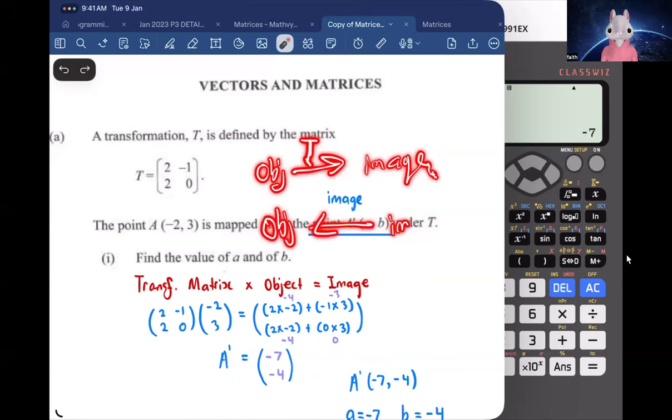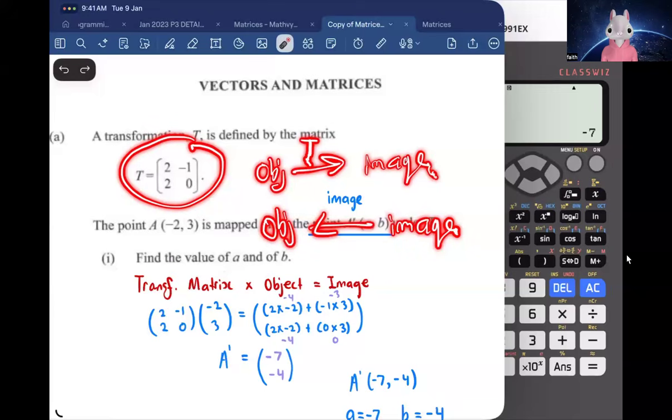Now, if I wanted to go in the opposite direction, do you think I would still take T? I would say yes, transform the image to an object. Yeah, but this wouldn't take in that direction. That wouldn't do the transformation to take it back to the object.